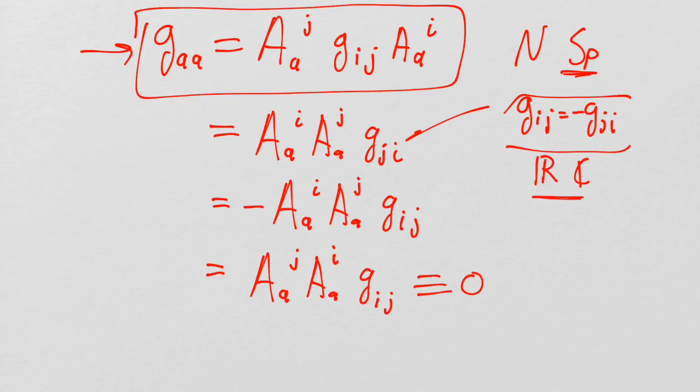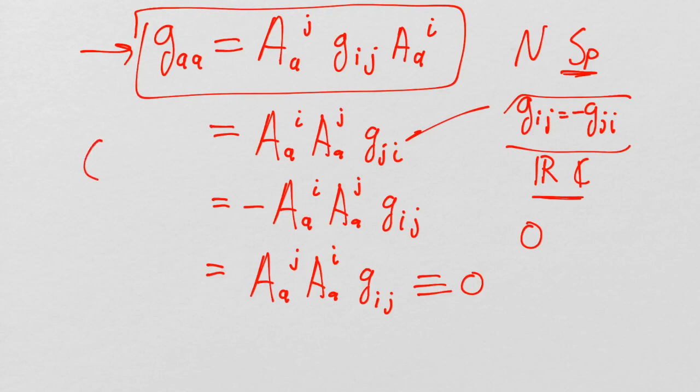But that's not true for the other cases. For the orthogonal case, this constraint is the real deal, and you end up with n of them. And for the unitary case, this constraint is the real deal. But remember, the diagonal elements of a unitary metric are real, right?